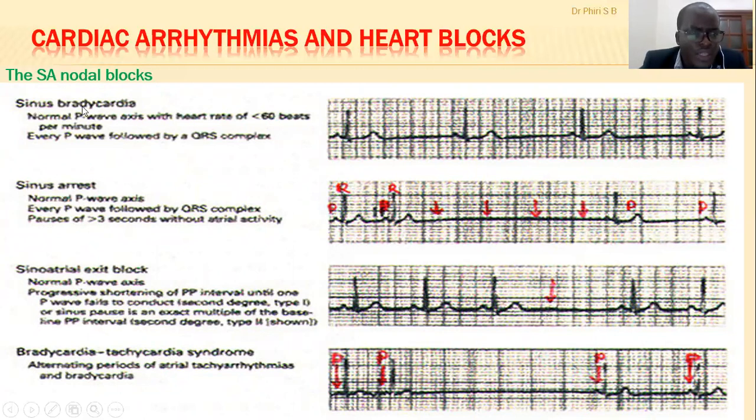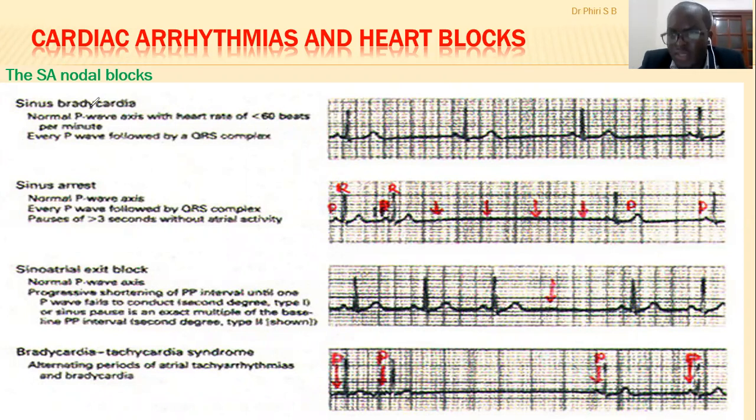So the first one here, you can see is the sinus bradycardia. So let me just use a pencil to draw so that you appreciate what is happening here. In sinus bradycardia, from the word itself, it means that the SA node is not firing action potentials at the normal rate.